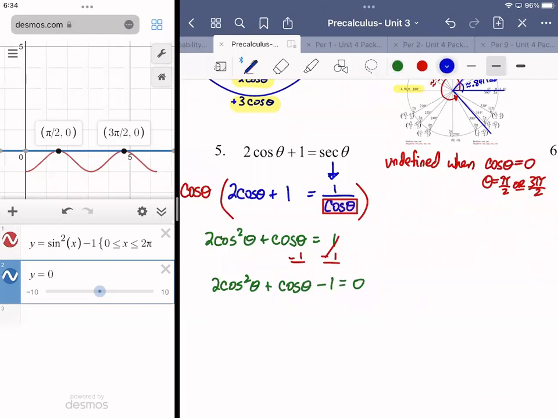And again, it's another factoring situation. And like I said, this is kind of like the happy medium, and I'll show you why in a sec. We have 2 cosine theta times cosine theta. If we're going to get to a negative 1, it's going to be 1 and 1. Just a question of which one's negative and which one's positive. So for the outers, we're looking at 2 cosine theta as is.